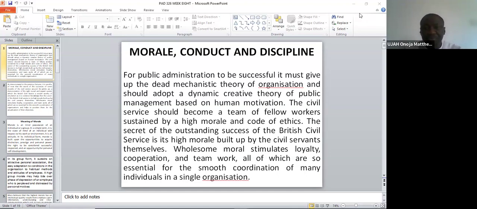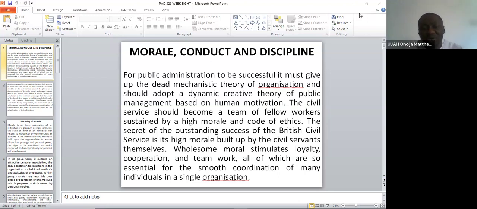So there are various ways in which the idea of morale and discipline and the conduct in general of the employees can be improved upon. When you have a system that guarantees an effective protection of the interest of the worker, you tend to have a higher productivity and higher performance rate from such employees.